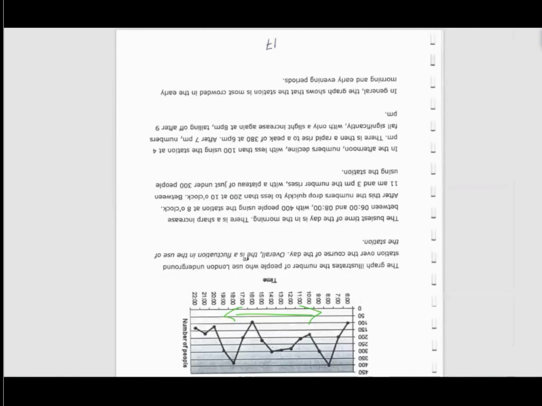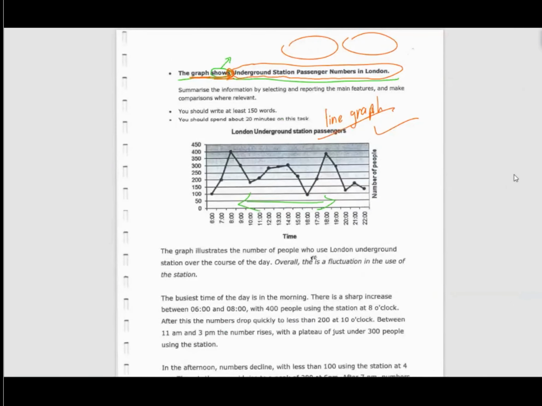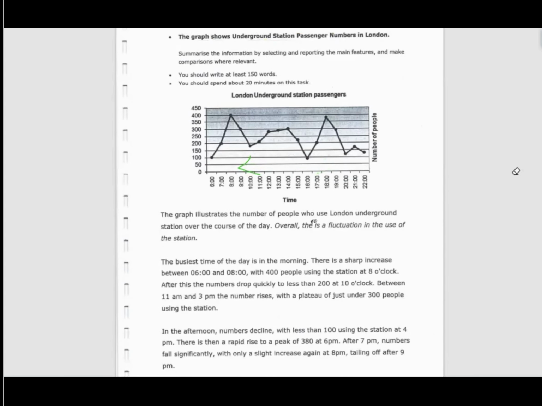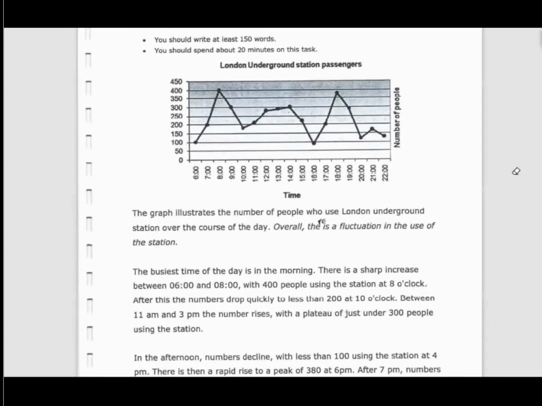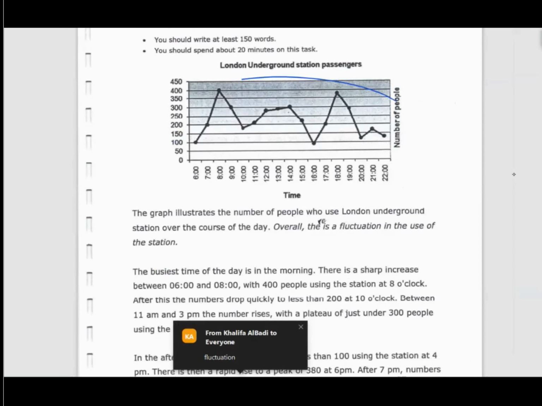Let's look at this question now. This is a line graph, as I mentioned before. So before you read the question, I want you to get the overview sentence here. Think about it. What would be the overview sentence? What does it show? The trend. The trend is by looking at the drawing.